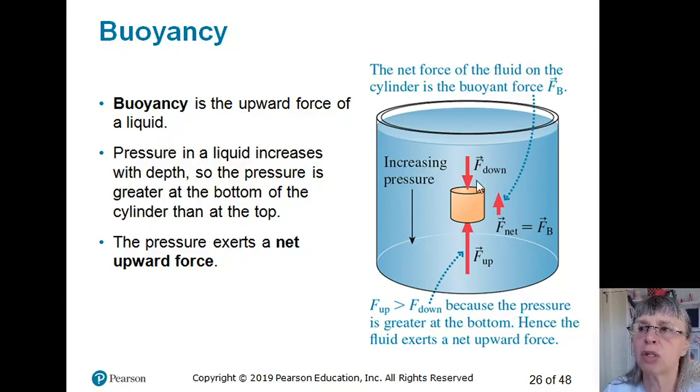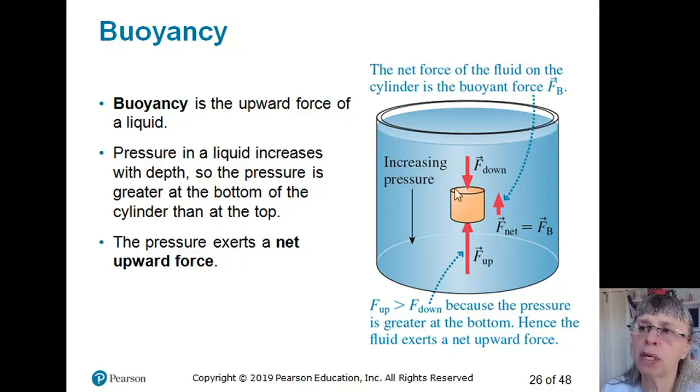So this slide gives a derivation of where the buoyant force comes from. I'm going to go through it briefly, but you don't need to memorize this. This is just for your own understanding. Here's an object that's under the water. At the top, it's got a pressure from the liquid, and the pressure at depth is in every direction.